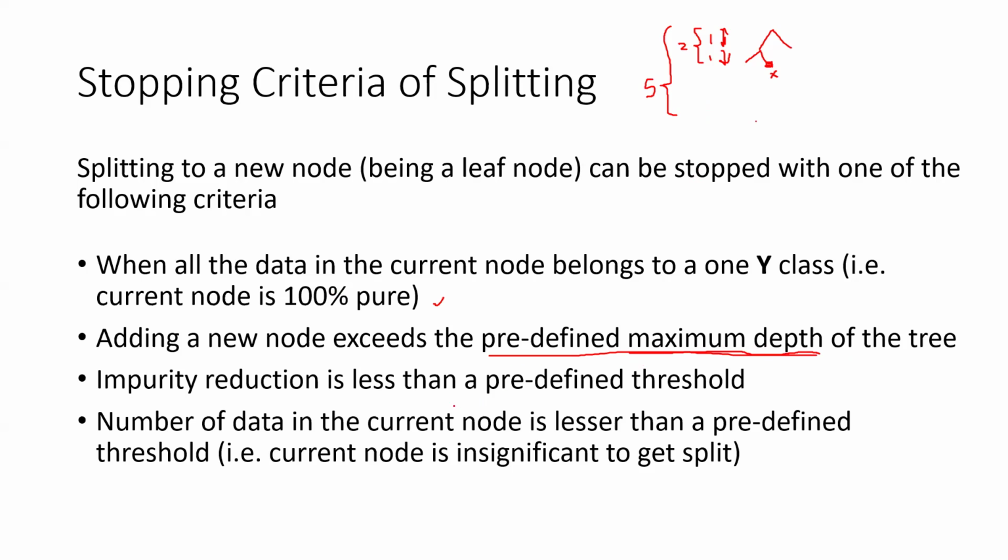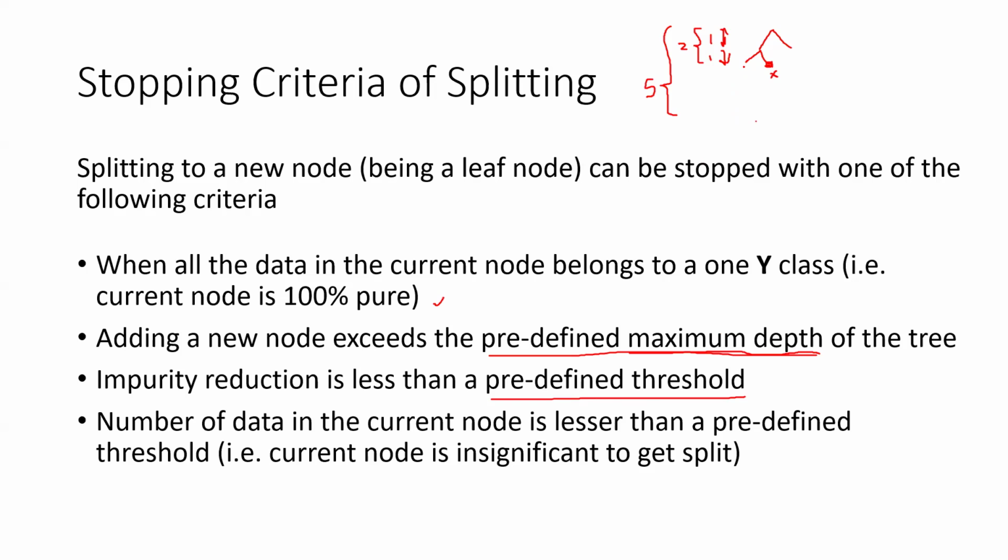And also, you can have another predefined variable known as the minimum impurity reduction threshold. That means when you add a new node into a particular node, there should be an impurity reduction, right? As we explained, you add the new node only when there is an impurity reduction or a purity addition.